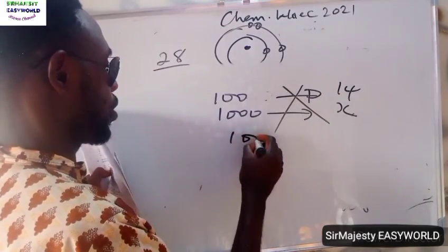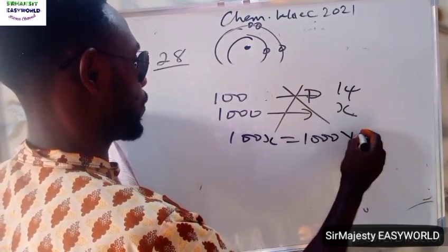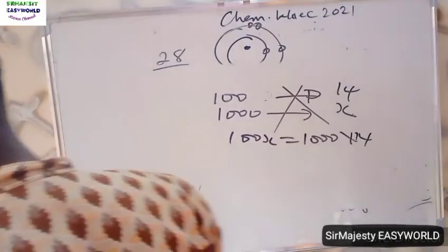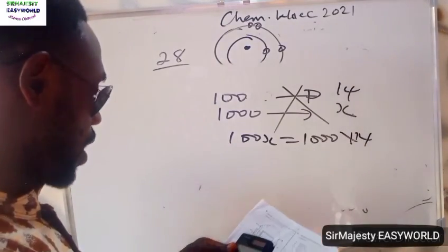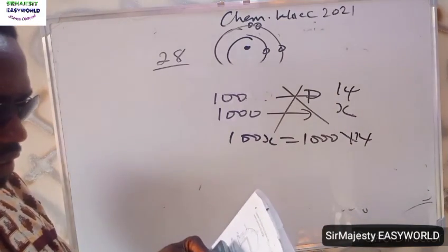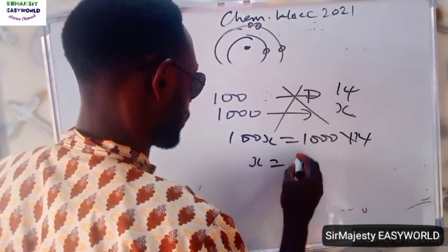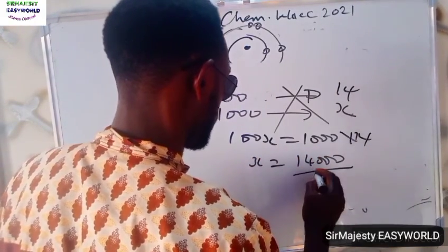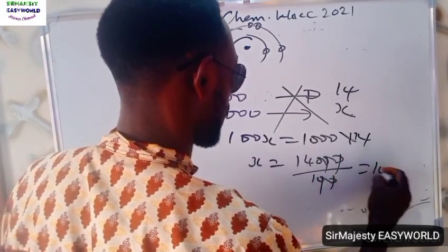But let's cross multiply. 100x is equal to 1000 times 14. So 1000 times 14 is 14,000, of course. So x alone is equal to 14,000 divided by 100. At the end, you have the same 140 I arrived at.